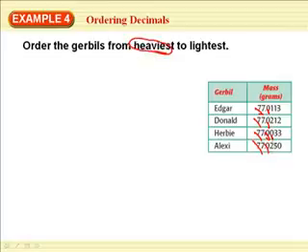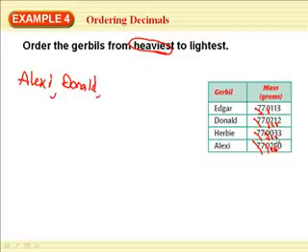Which one is the bigger number right there? There's a 2 and a 2, so they're both tied so far. We go to the next digit, a 5. Donald has the 1. Alexia has the 5. Alexia is the biggest. So Alexia is the heaviest. Donald is next. Donald the gerbil. And we have Edgar and Herbie.